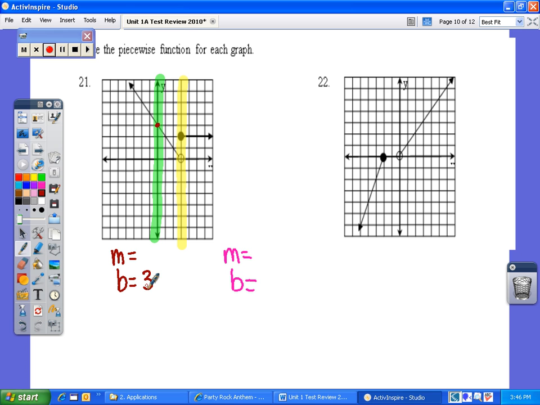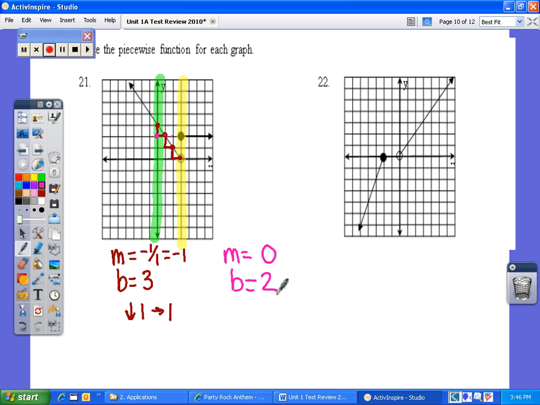Now if you start counting, it goes down 1 over 1, down 1 over 1, down 1 over 1. So because it goes down 1 over 1, your slope is going to be negative 1 over 1, which is negative 1. Now on the other side, it never goes up and over, so our slope is just going to be 0. That's a horizontal line. If you were to keep on going to the left to see where it would actually cross the y-axis, it crosses the y-axis at 2.